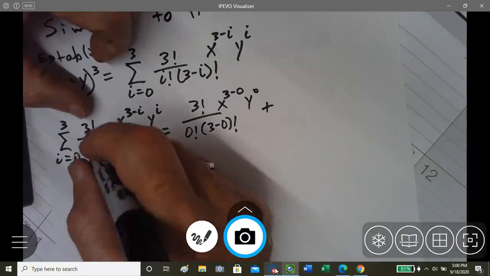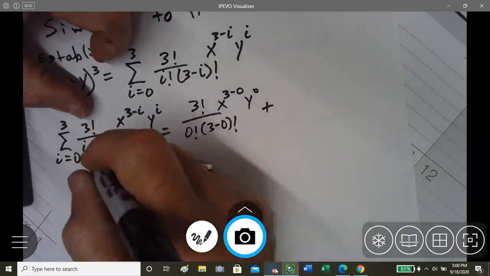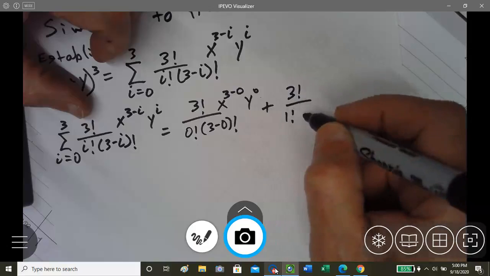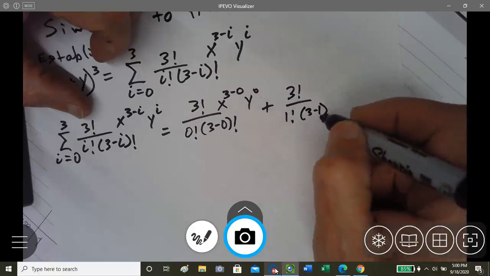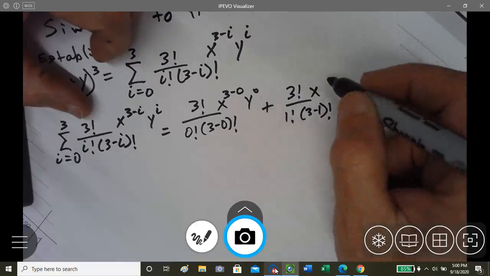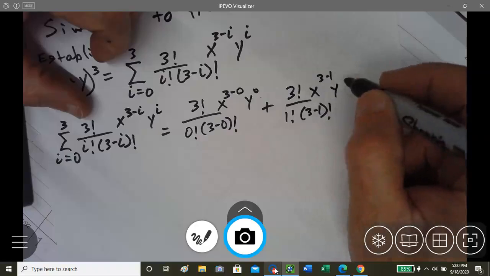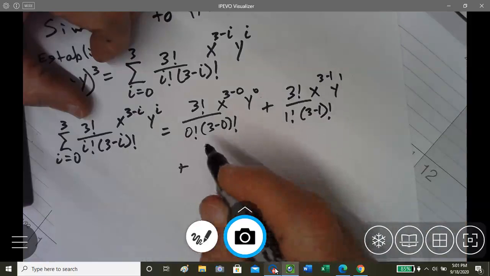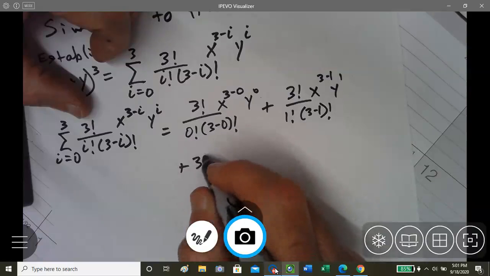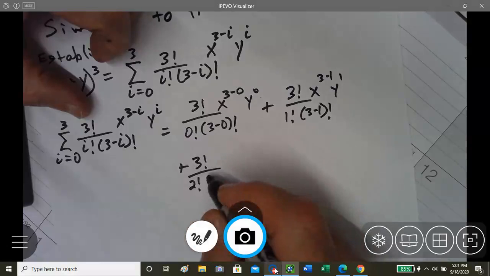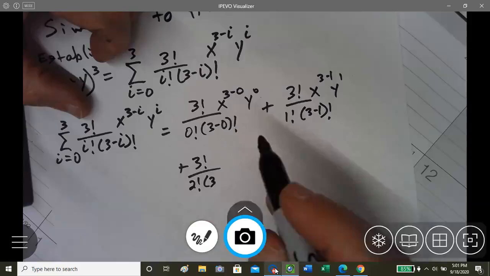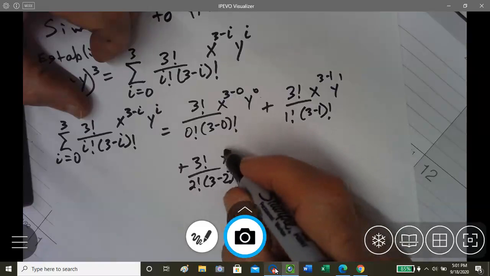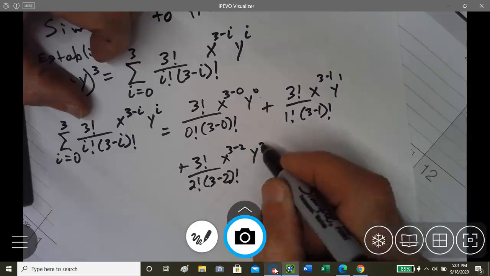So this would be 3 factorial over 1 factorial, 3 minus 1 factorial, x to the 3 minus 1, y to the 1. And then plus, now we're doing 2: 3 factorial over 2 factorial, 3 minus 2 factorial, x to the 3 minus 2, y squared.